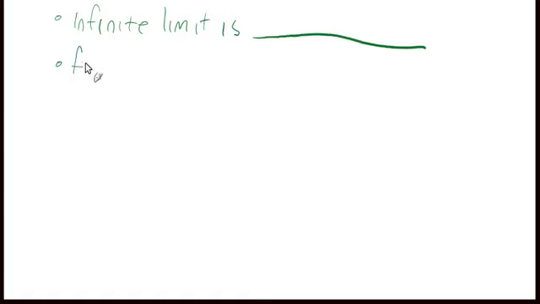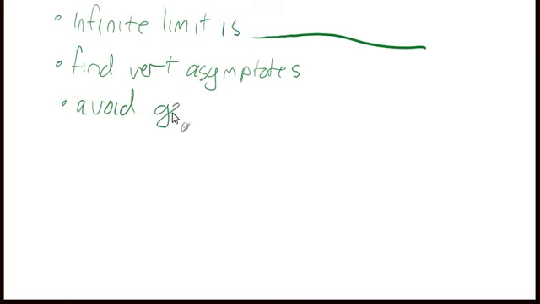We can find vertical asymptotes, and we can avoid getting tricked by holes that might be out there pretending that they're vertical asymptotes, but they're really just holes. But we haven't found any limits at all. We haven't determined if there's a limit at infinity or at negative infinity or anything like that.